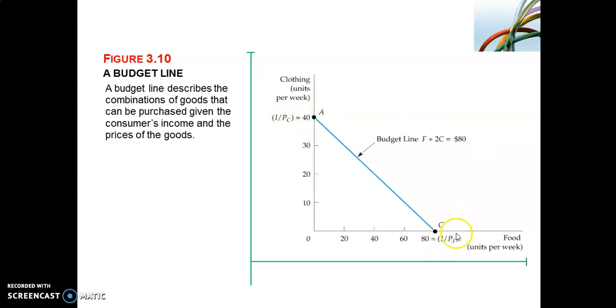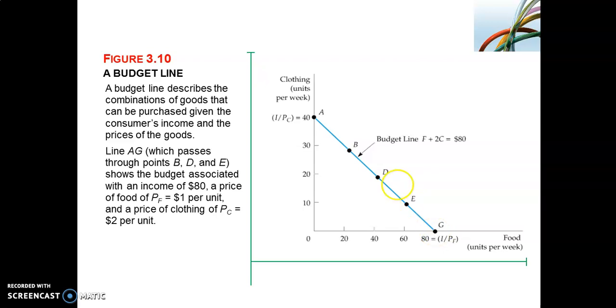And similarly, your income divided by your price of food would give you your horizontal intercept. So 80 divided by the price of food, which was $1 per unit, would give you 80. So those are your two intercepts. B, D, and E represent the other points or market baskets that were reflected in the table.